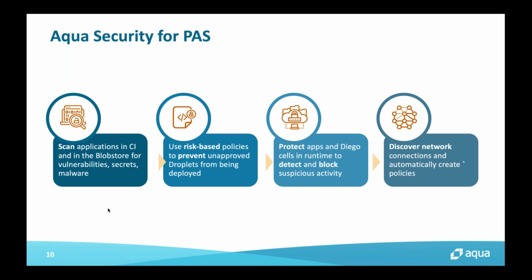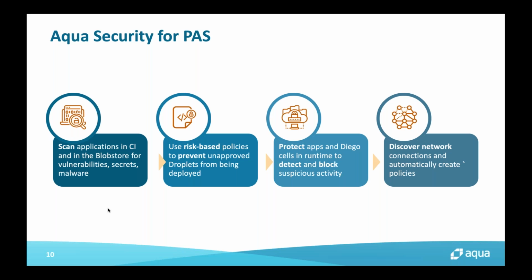So in Pivotal Application Services, that's called the Diego cell. So again, we need to make sure that we're securing all of these different environments, and then for those environments, we need to apply risk-based policies to prevent unapproved droplets, so basically the application code, from being deployed onto your environment.